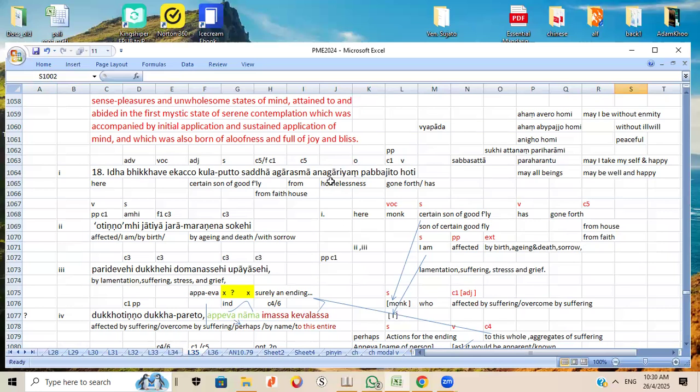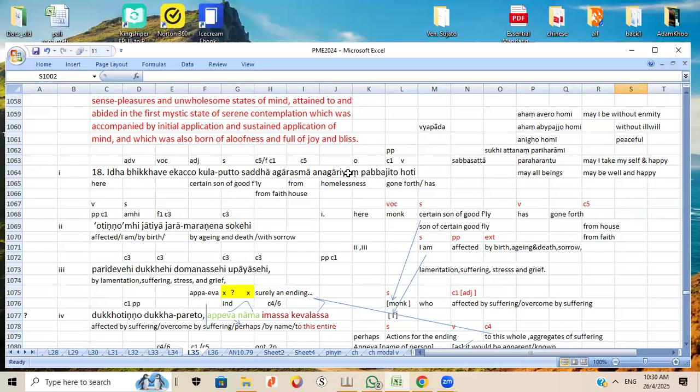Accusative. Can you see Anagariyang? Agara. Agara. Agara. Agararia is translated here as homeless. Okay, has gone forth.